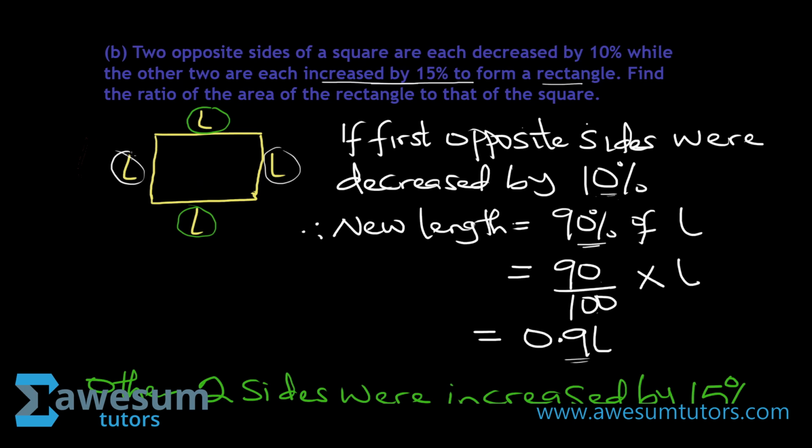So what we have right here is these two sides, and these were decreased by 10%, right? So we got the new length to be 90% of L, which is 0.9L. But these other two sides were increased by 15%.